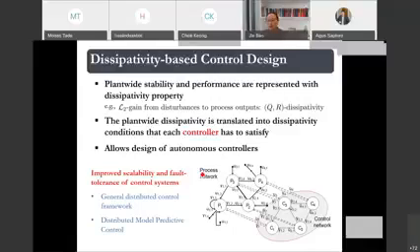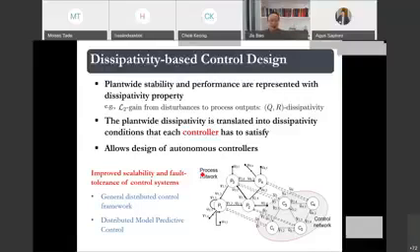For example, the QSR dissipative condition, like output feedback passivity conditions. And then we translate that dissipative condition into the dissipative conditions that each controller has to satisfy. And then we do the controller design.